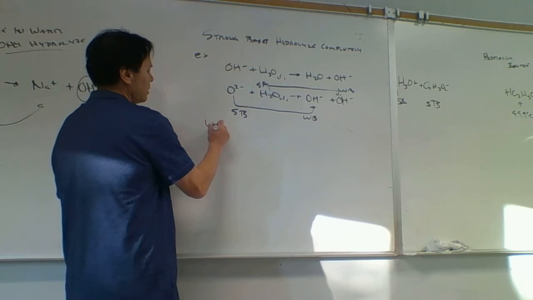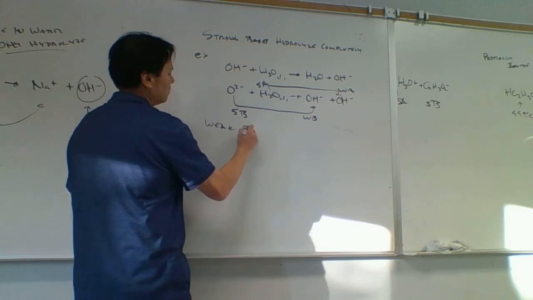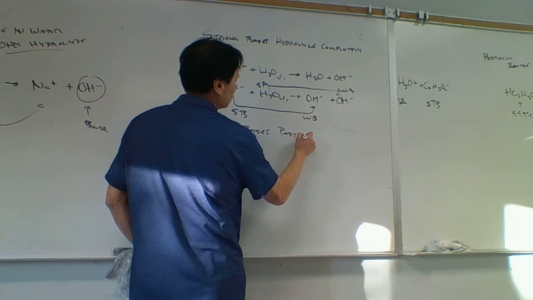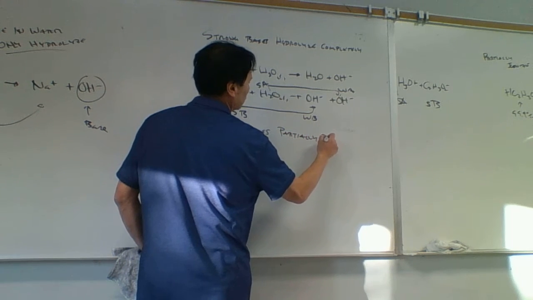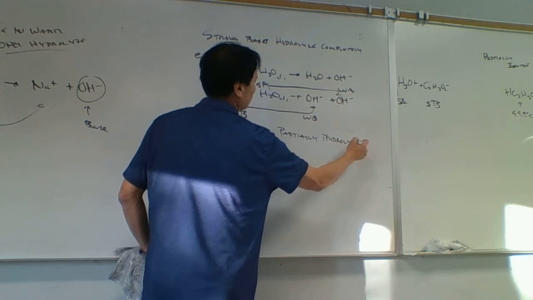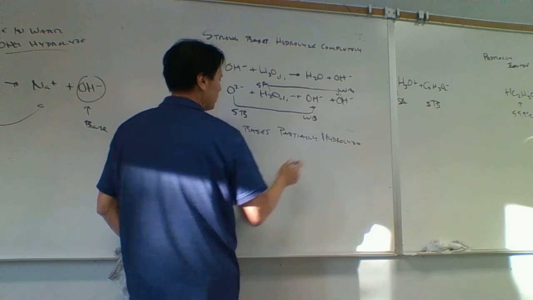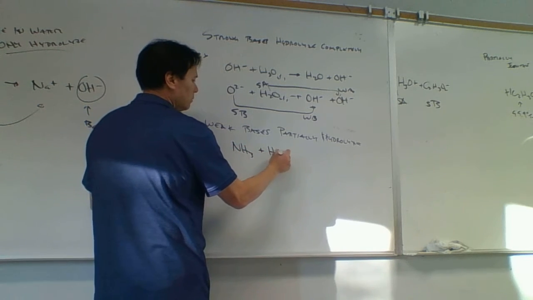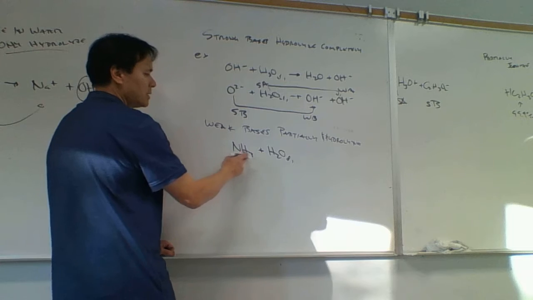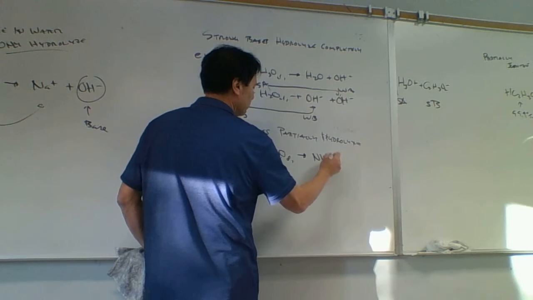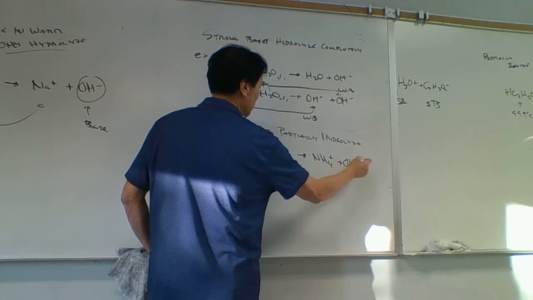Weak bases partially hydrolyze. So the weak bases that partially hydrolyze, like ammonia. Ammonia and water. Ammonia is the base, it plucks the proton off to form ammonium and hydroxide.